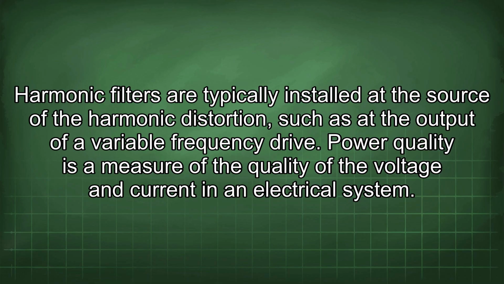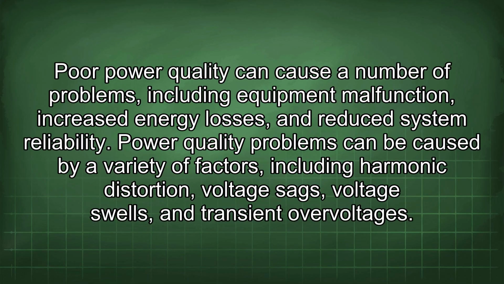Harmonic filters are typically installed at the source of the harmonic distortion, such as at the output of a variable frequency drive. Power quality is a measure of the quality of the voltage and current in an electrical system. Poor power quality can cause a number of problems, including equipment malfunction, increased energy losses, and reduced system reliability.